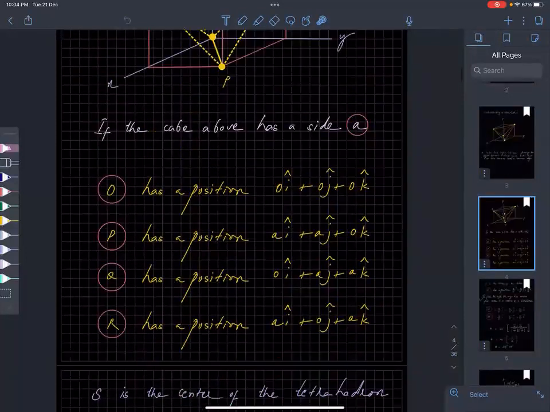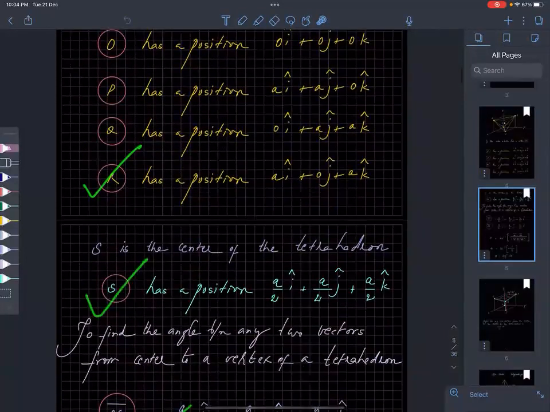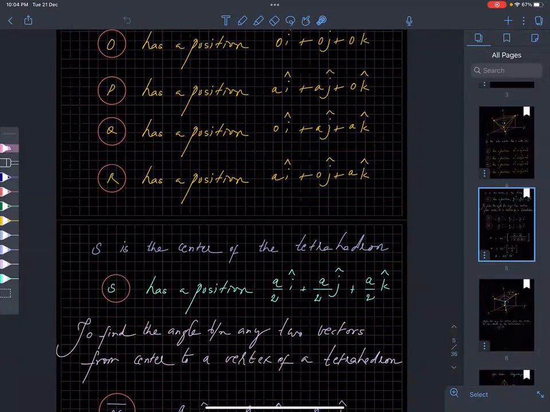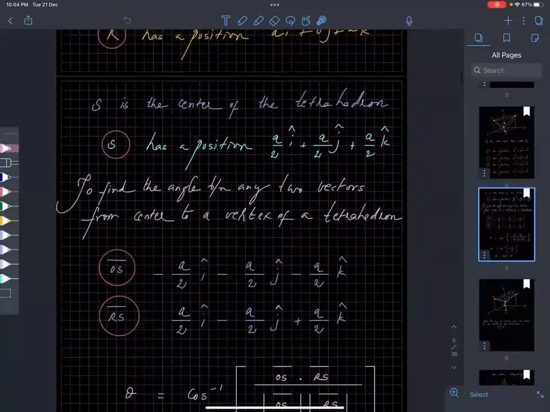Next, take another vector RS. What about RS? This is R and this is S. So RS is vector R minus vector S, or vector S minus vector R. What will you get? This minus this is A by 2. This minus this is minus A by 2. Correct?